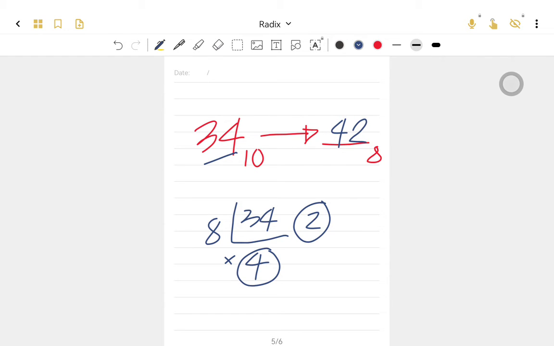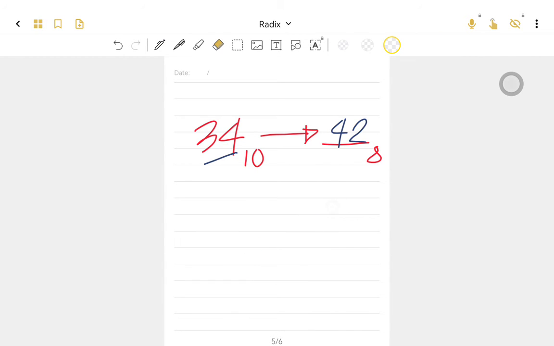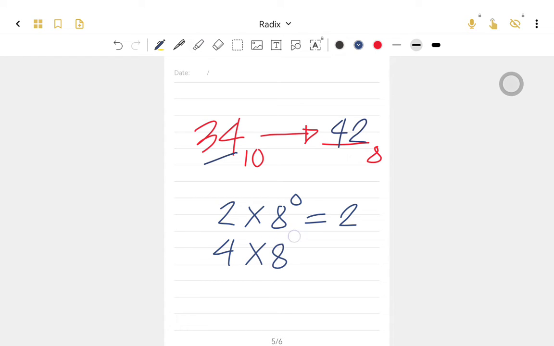Okay, to check whether our answer is correct, let's multiply. 2 times 8 to the power of 0 is 2. And then 4 times 8 to the power of 1 is 4 times 8, which is 32.